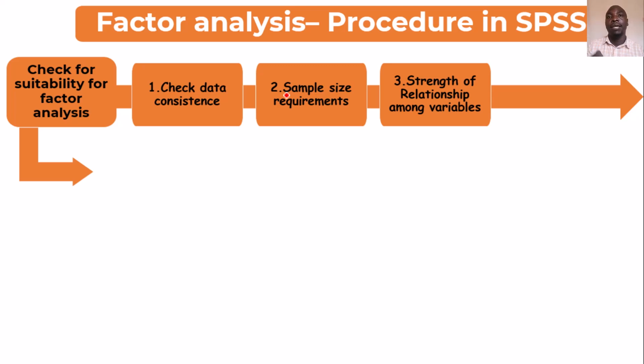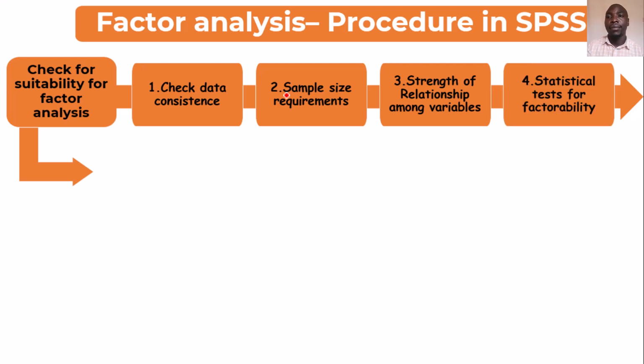And we shall be looking for a correlation coefficient of 0.3 and above to show us that the variables in our data set are related. And lastly, we shall also perform statistical tests to show that actually our data is fit for factor analysis. And here we shall be using the Bartlett's test of Sphericity and the KMO test of sampling adequacy.